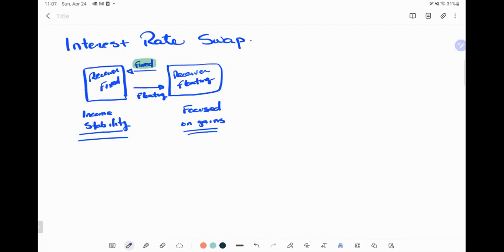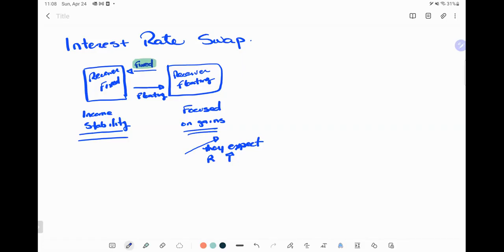This kind of investor, of course, is not likely to enter into an interest rate swap where they are receiving the floating rate if they believe that interest rates are going to come down. Usually they expect that rates will go up, right? And that's why they are entering into this floating receiver interest rate swap.